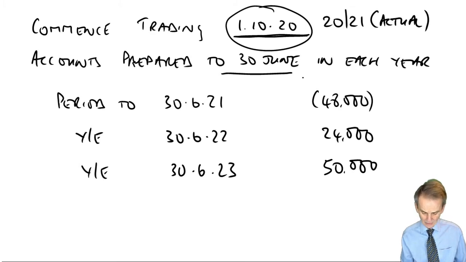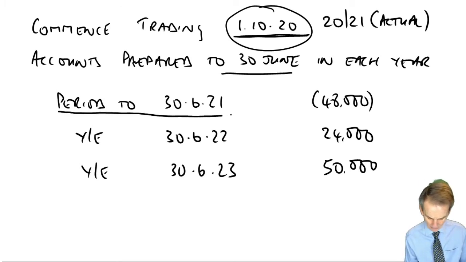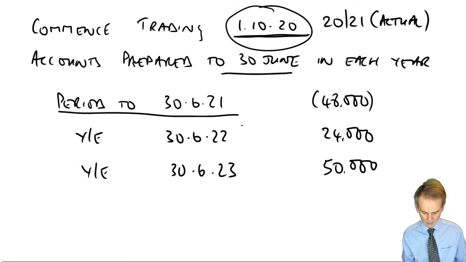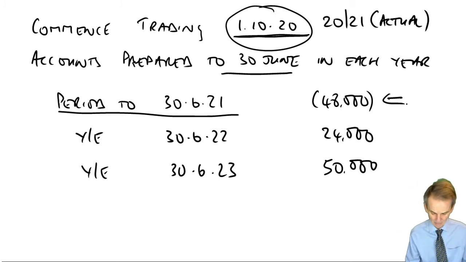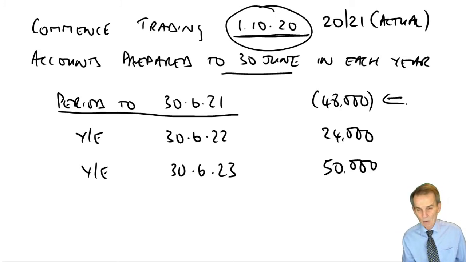Following on from the 1st of October 20, the first period end date is the 30th of June 21, in which period we've sustained a loss of £48,000.